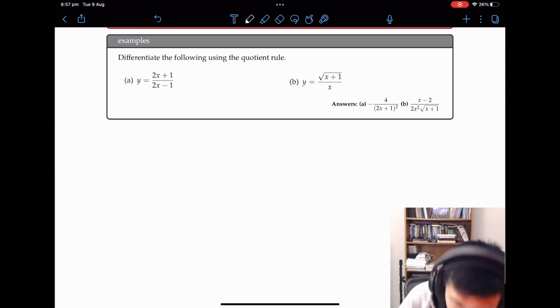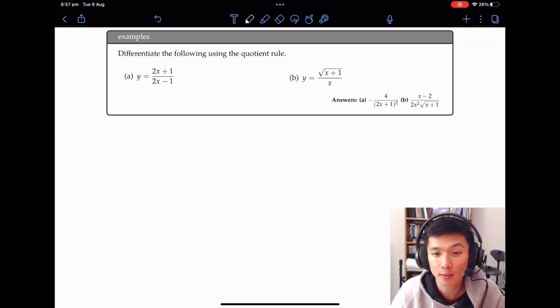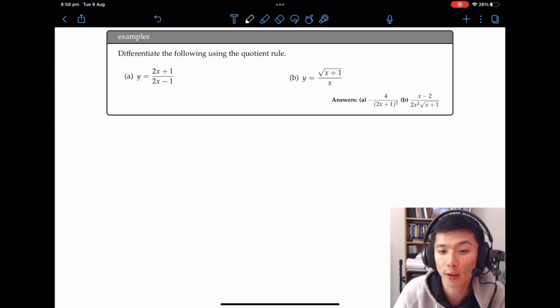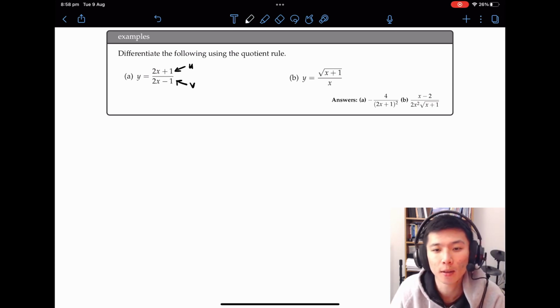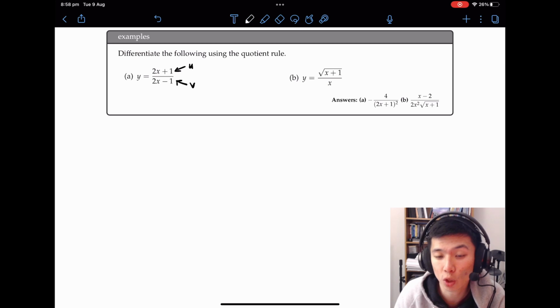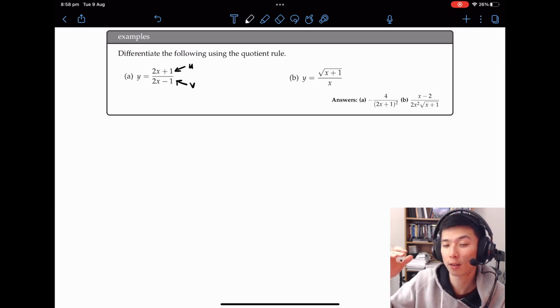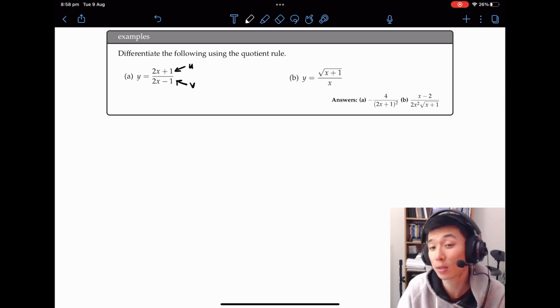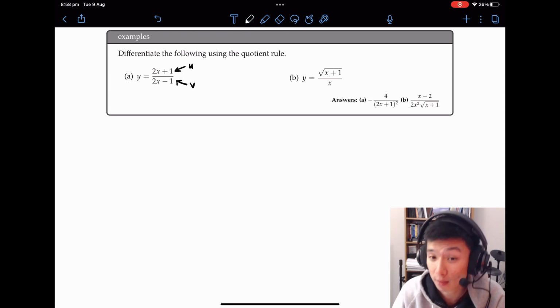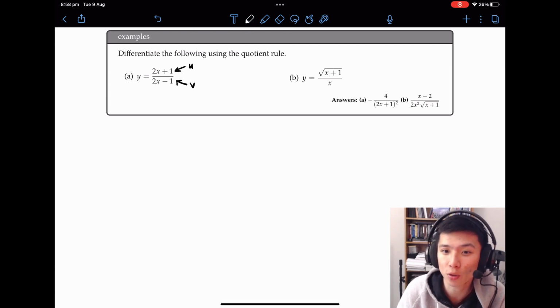The first thing to be very careful of is the quotient rule only works if the top thing is u and the bottom thing is v. So this is the situation in which you would use the quotient rule, when you have a function divided by another function. So when you see a fraction of functions, that's when you would use the quotient rule.